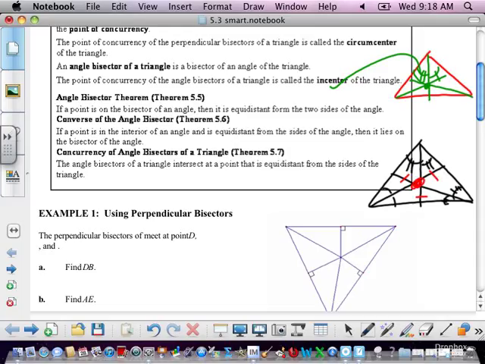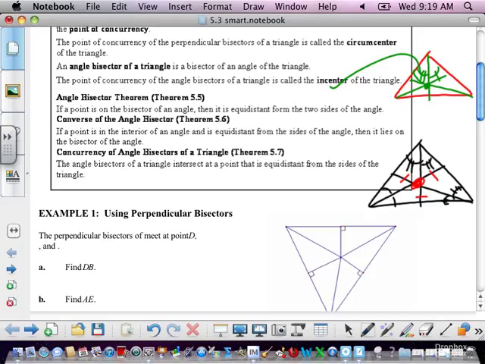So I just used a whole bunch of words there. Should we write something on the board so we remember? We've got all of our steps up here for stuff that we do with mid-segments. Let's put some stuff up here with perpendicular bisectors and angle bisectors. So, perpendicular bisector goes with its point of concurrency, the circumcenter. Did I spell that right?